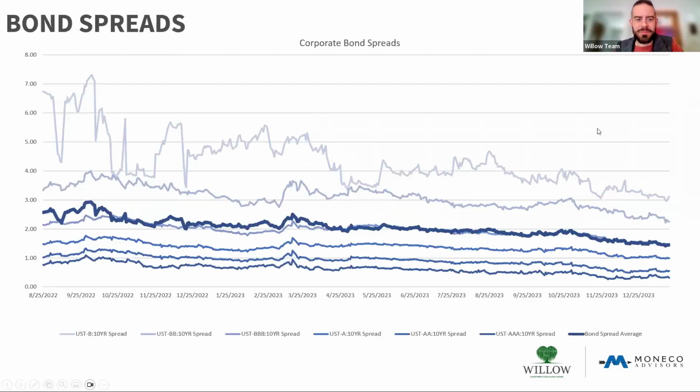All right. On spreads, we touch on this pretty much every time we meet. These have been contracting or tightening. When you see these things blow out, or the spread really increase, that's a sign of risk. Why? Because you have to pay more for a corporate bond as opposed to a government bond. And when you need to pay more, why? Because it's more risky.